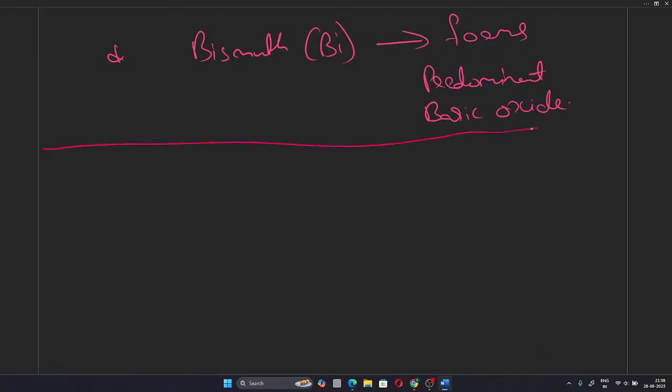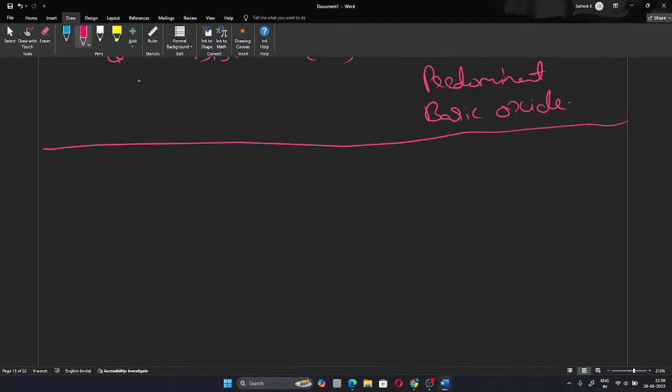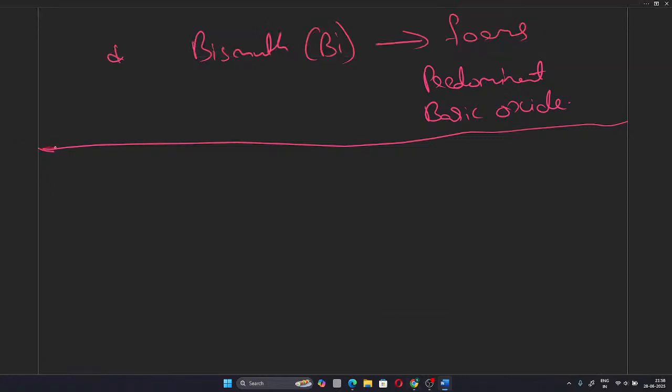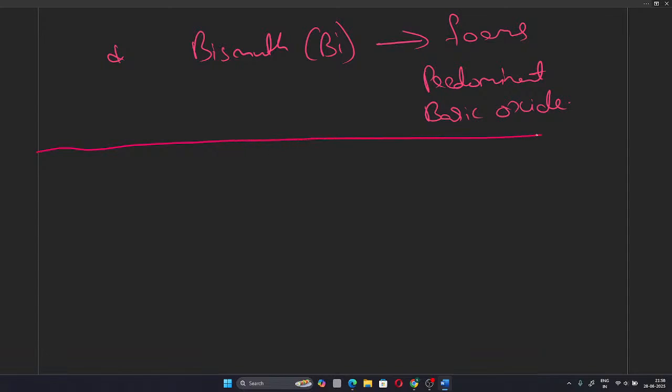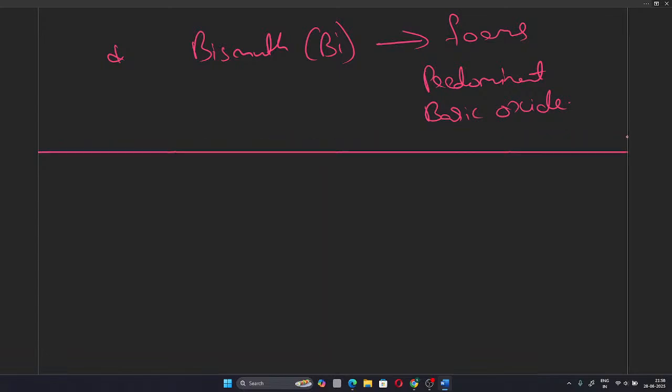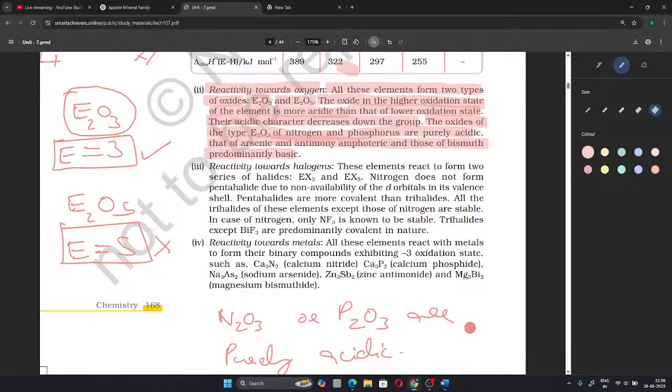The next will be reactivity towards halogens.